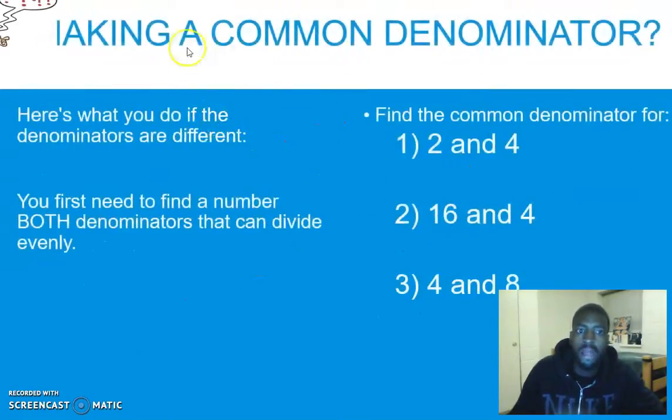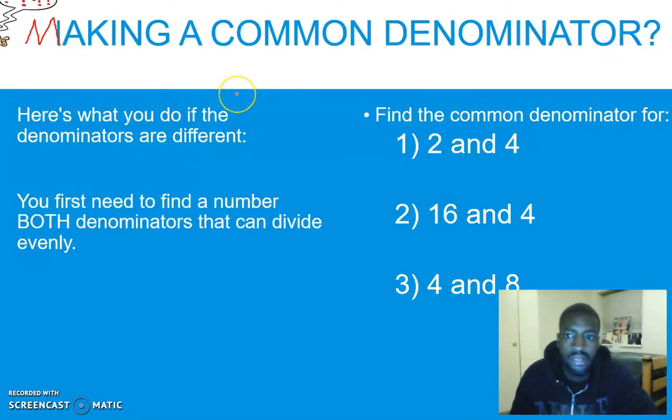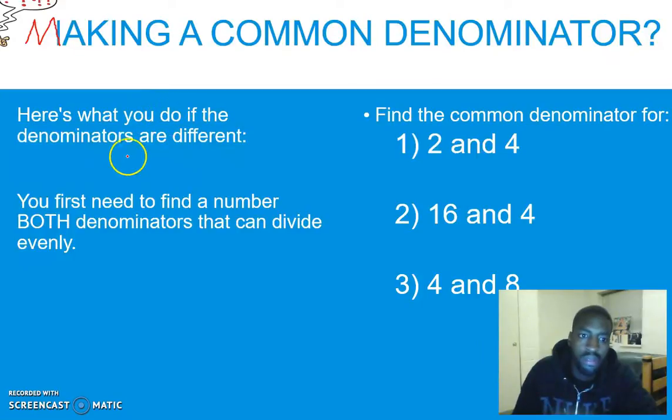Next slide. It's supposed to say making a common denominator. Here's what you do if the denominators are different. Like we mentioned in the last example, 1/2 plus 3/4. See how these are different? The denominators are different. So you first need to find a number that both denominators can divide evenly into.